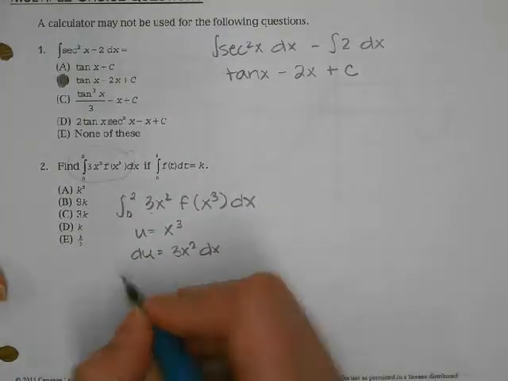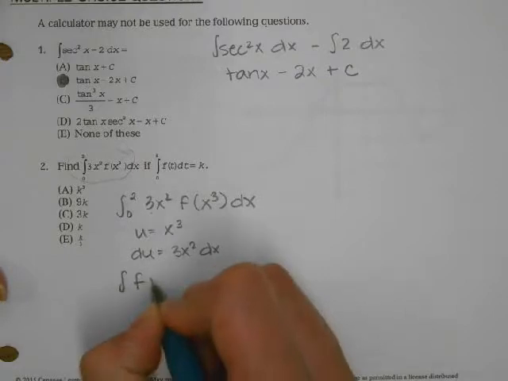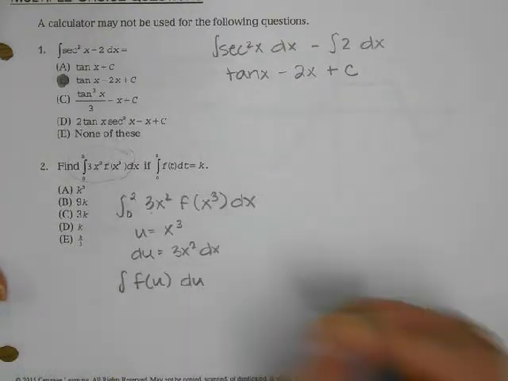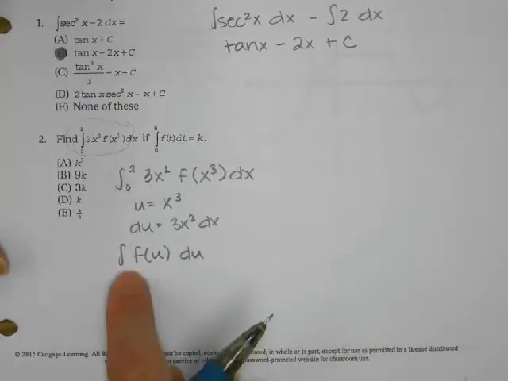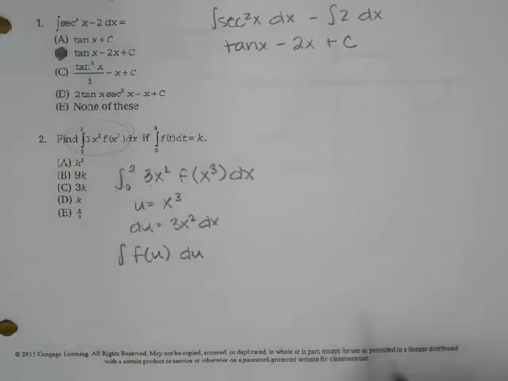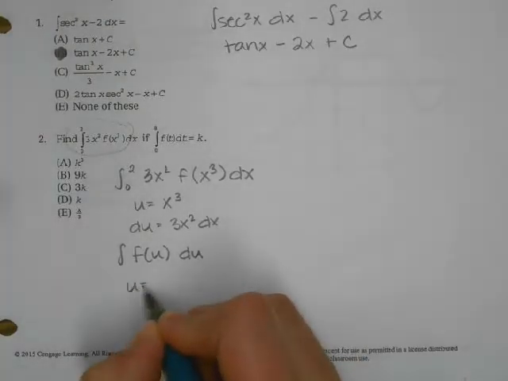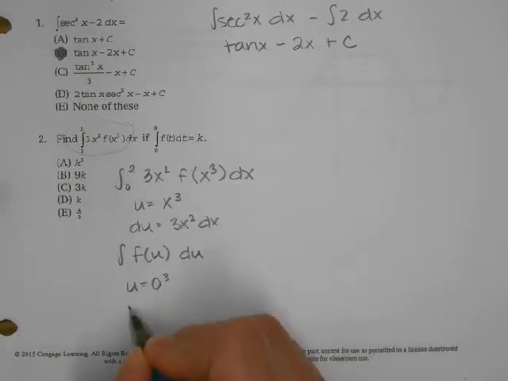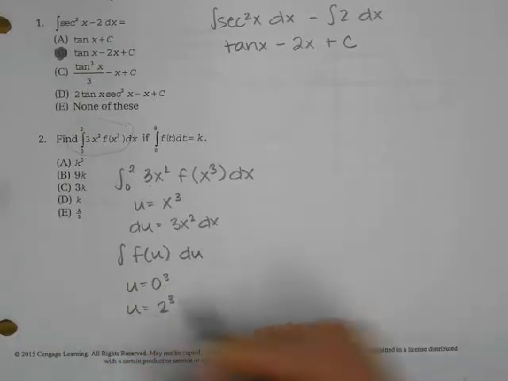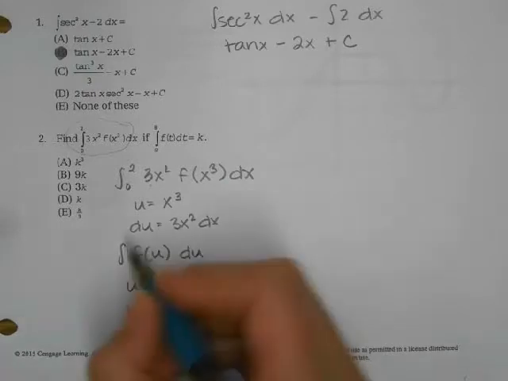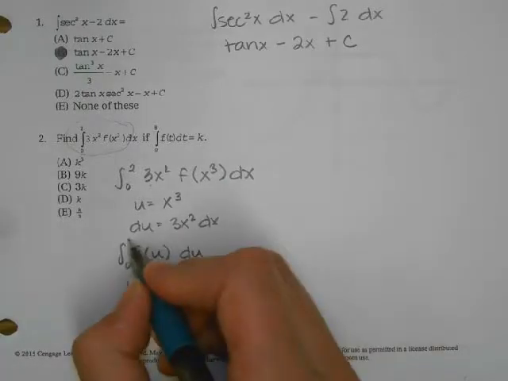So that means that what I'm doing is I'm integrating f of u du, and I'm not going to say I'm integrating it from 0 to 2 right now, because 0 to 2, those were x values, not u values. So if I want to change those so that they're in terms of u values instead, then I'm going to say that u is 0 to the third and u is 2 to the third, like that. So 0 to the third is 0, 2 to the third is 8.